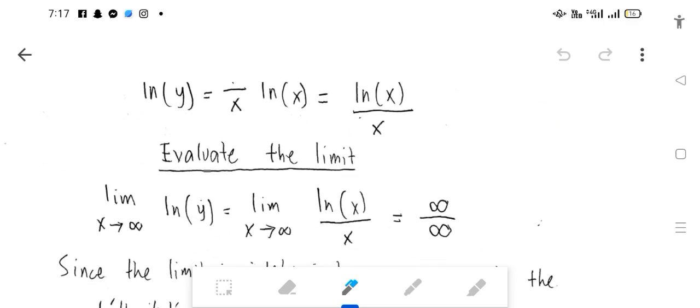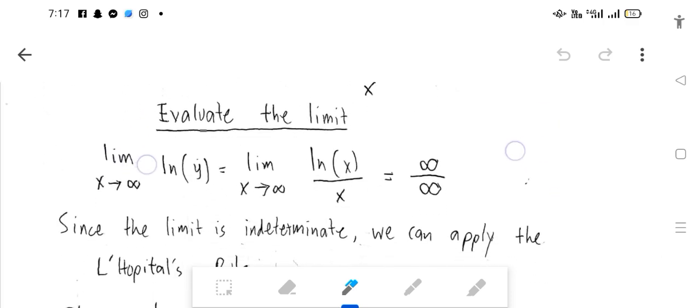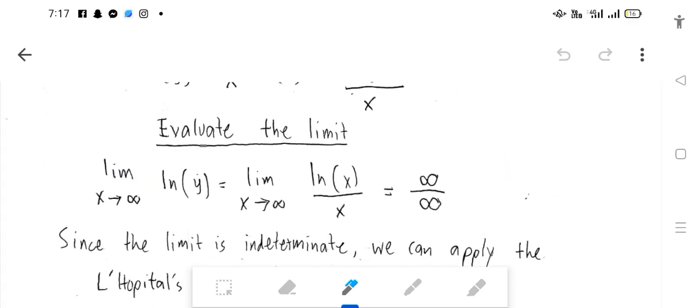Now, in order to know if we can apply L'Hopital's rule for this specific example, the first condition is to know if the function is indeterminate, so we evaluate the limit. We have here the limit of ln y as x approaches infinity, which is equal to the limit of ln x all over x as x approaches infinity.